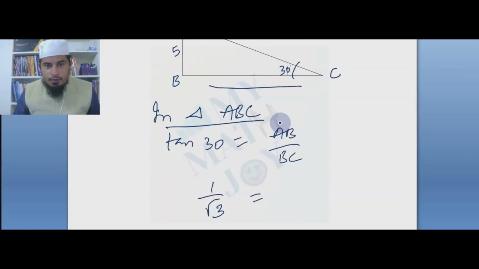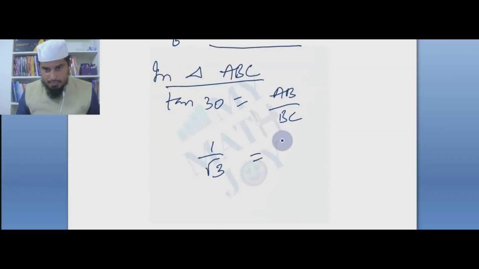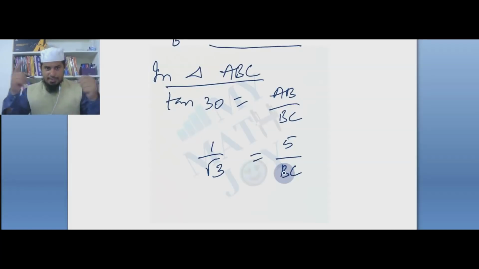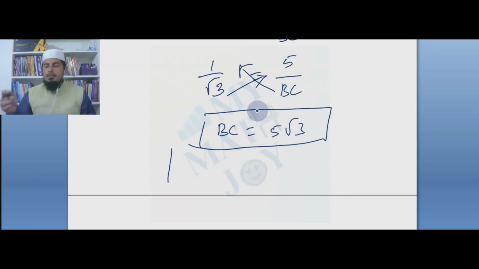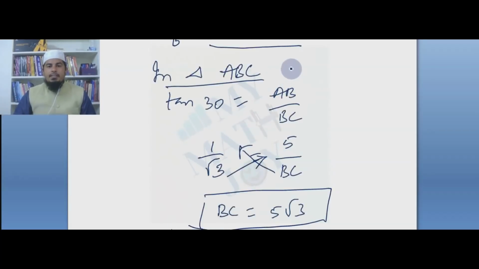AB from the diagram is 5, and BC we don't know. So now you have an equation where only one variable is there. You can solve it to get the answer. BC is 5 root 3. Here we just did cross multiplication to get the answer. BC value got.